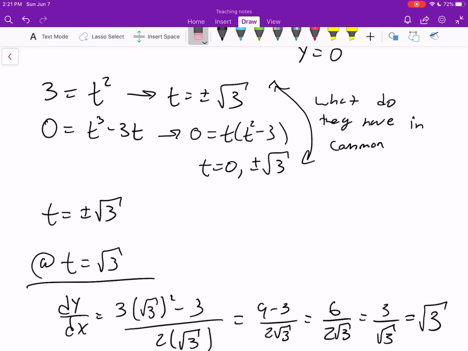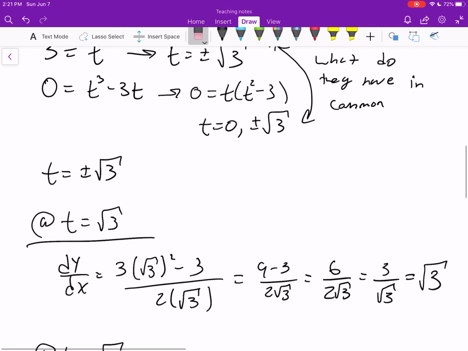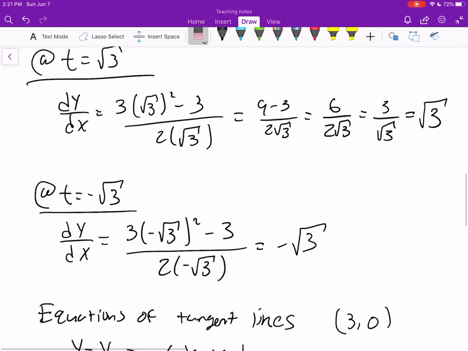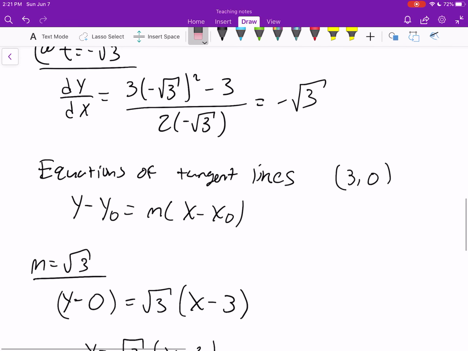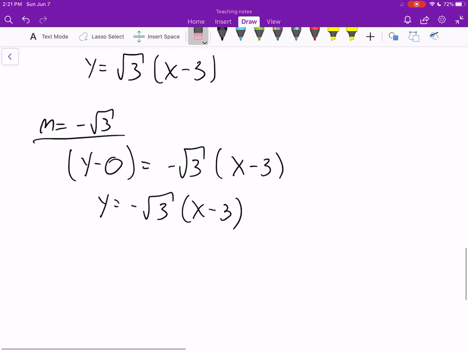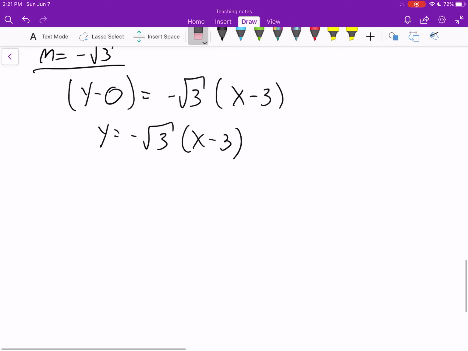I took what was in common because I need both of those things to be true. I need x equals 3 and y equals 0. That gave me that this happens at t plus and minus radical 3. From that, I was able to determine slopes at those two different times. And from those slopes and the point that I had, I just used the point slope form of the line to get the equation of the tangent line.